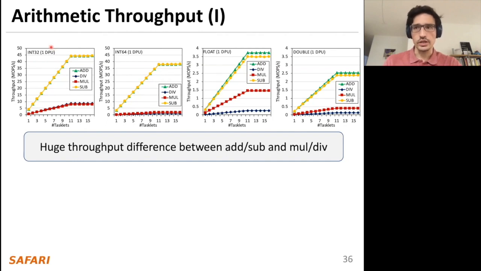So the arithmetic throughput when you have multiple DPUs is the peak that you could potentially achieve as the result of multiplying these values here by the number of DPUs that you have in the system. So what's the reason for this huge throughput difference between these two types of operations?